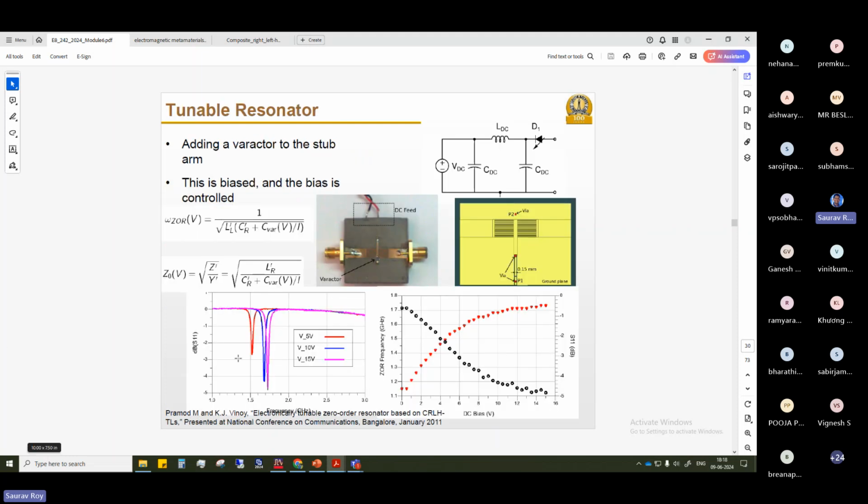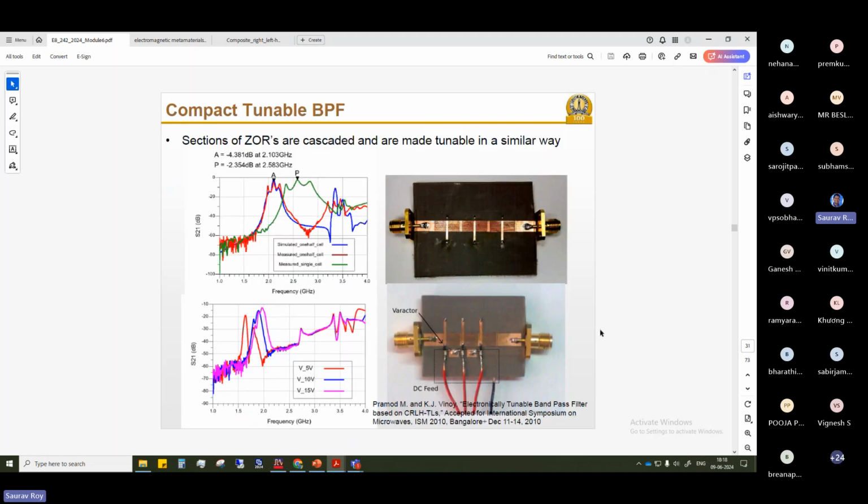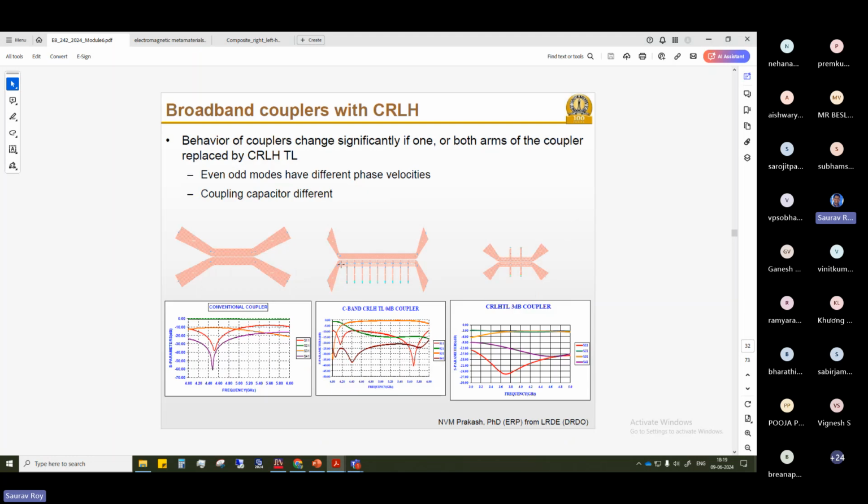Similarly, the same Pramod has done the same design with a varactor diode also, which can make it a tunable resonator. These are separate examples, and there are examples on a tunable band pass filter as you are saying. As you see, these are the implementations, with IDC or interdigital lines, and you can also use a capacitor and inductor.